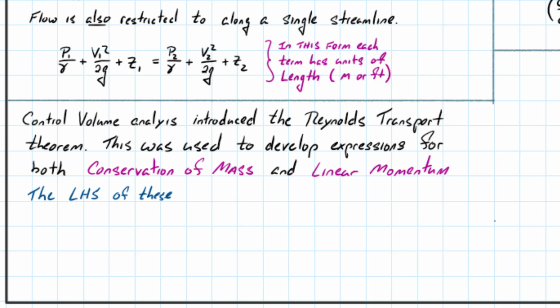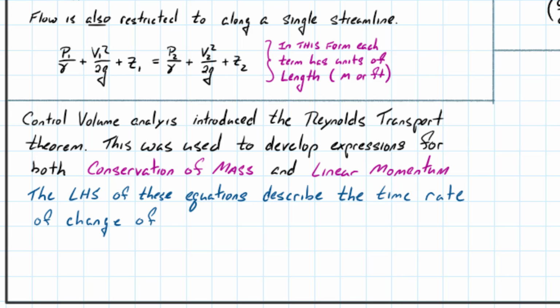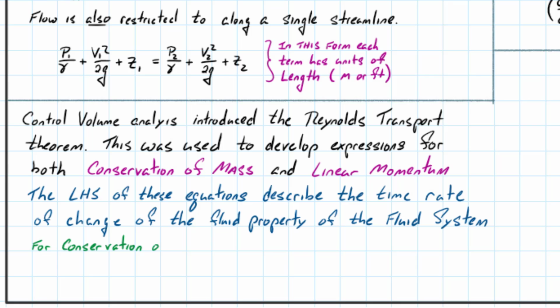Now, we can put the right-hand side of the equations aside for a second, but the left-hand side of these equations were used to describe the time rate of change of the fluid property that was part of the system. And what we end up with for conservation of mass was that the time rate of change of the total mass of the system is equal to 0, which of course is what we refer to as continuity.